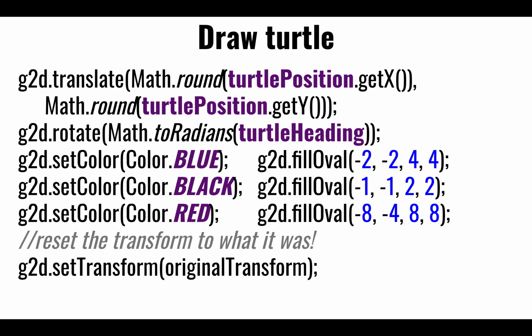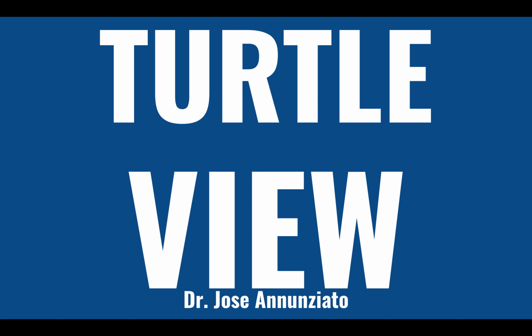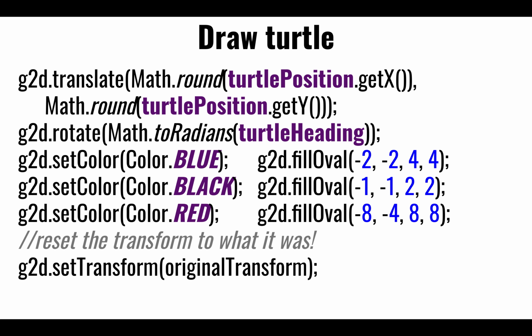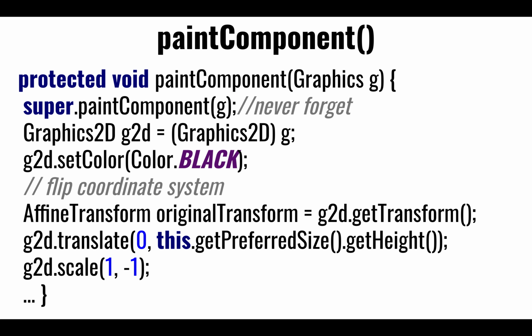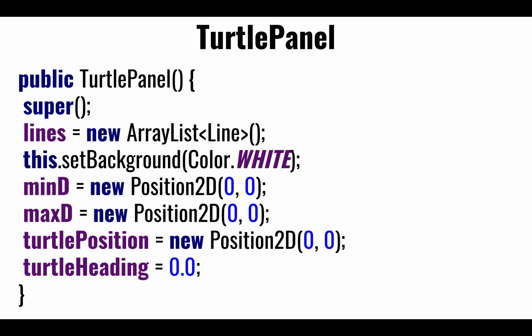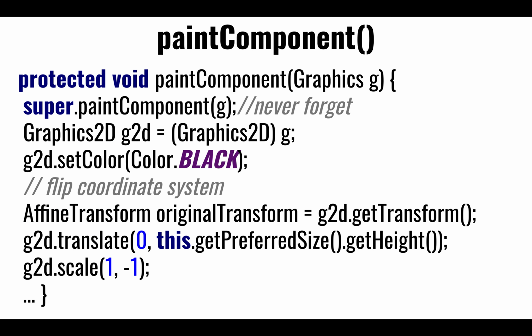So this doesn't actually render until, where's the paint? Is there no paint? So typically there's a very low level method.